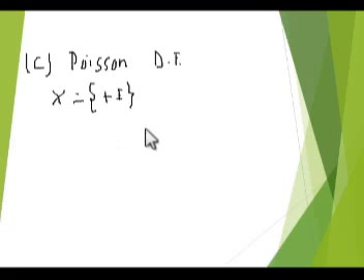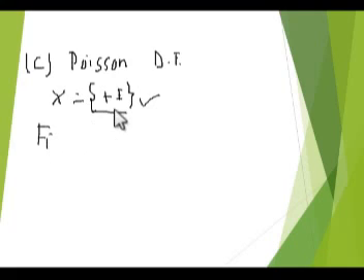Here also the random variable takes any of these values: 1, 2, 3, 4, any positive integer, 0, 1, 2, 3, 4, anything. This is a crucial point of difference between binomial and Poisson: in Poisson there is an infinite number of points, and in binomial there is a finite number of points.